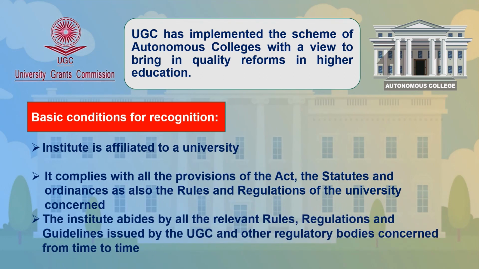The institute abides by all the relevant rules, regulations and guidelines issued by the UGC and other regulatory bodies concerned from time to time. For detailed scheme and format for submission of proposal for autonomous status, please see the related e-content.